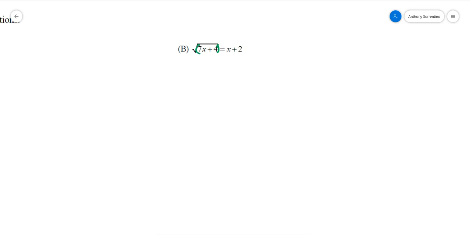So now the thing is here, we're working under a premise that this is possible, okay? 7x plus 4 has to be greater than or equal to 0 for this to have any kind of solution that I could possibly find. Which means that 7x has to be greater than or equal to negative 4, which means x has to be greater than or equal to negative 4/7.